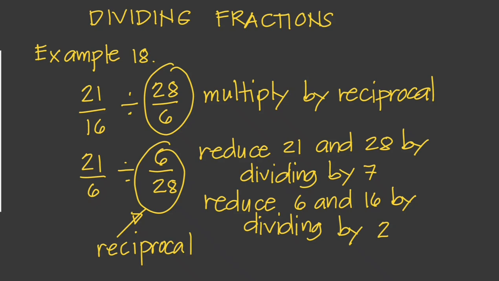So we have 21 over 16 times 6 over 28. We can reduce 21 and 28 by dividing by 7, and we can reduce 6 and 16 by dividing by 2.